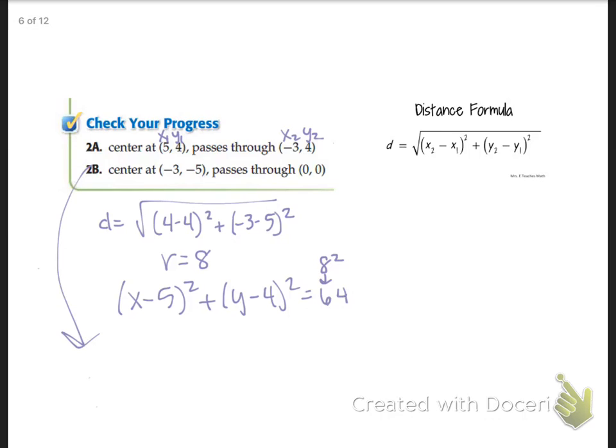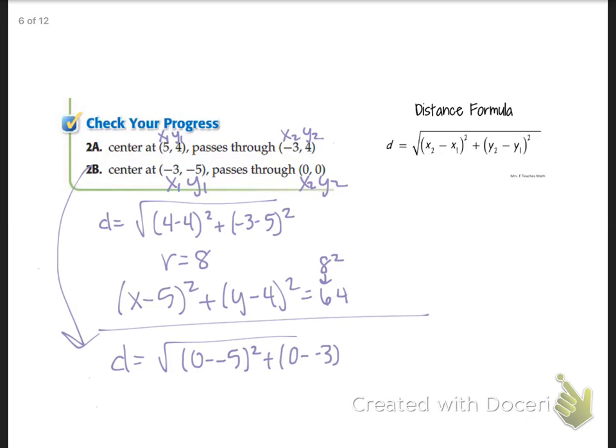Okay, to B, I label x1, y1, x2, y2. So I've got D equals the square root of 0 minus -5 squared plus 0 minus -3 squared. I don't want a decimal. So if you get a decimal, type it in without the square root. If you type it in without the square root, you'll get 34, and then just attach them.